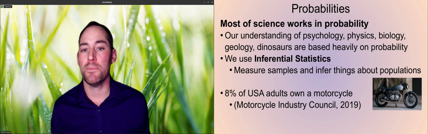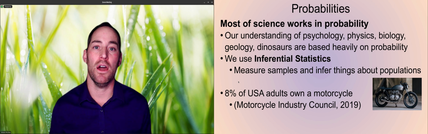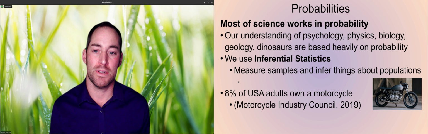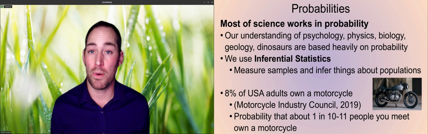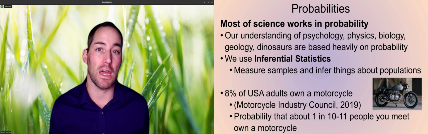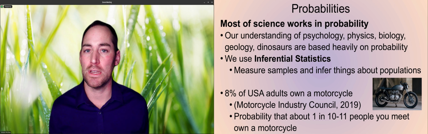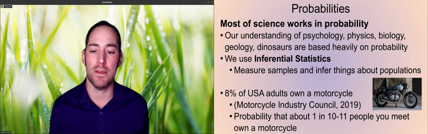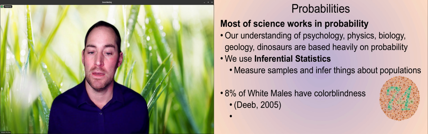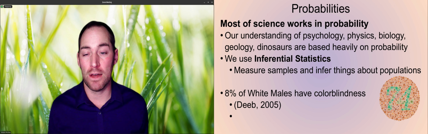Similarly, 8% of adults in the USA own a motorcycle. So, similarly, your probability of meeting someone who owns a motorcycle, you'll probably meet at least one person in every 10 to 11 people you meet that own a motorcycle. So 8% of white males have color blindness.